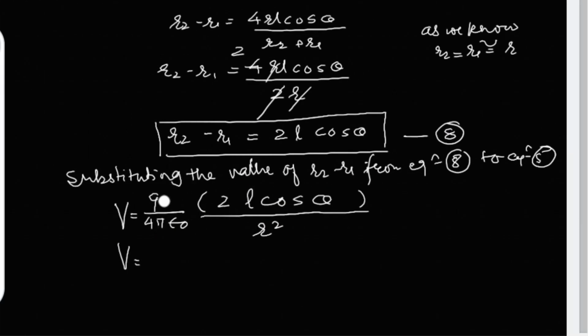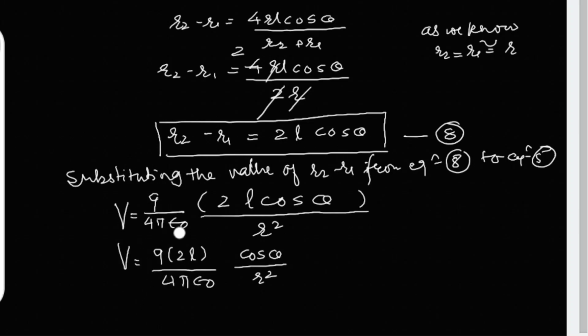Now see here, collecting this together, it will be q into 2l divided by 4 pi epsilon 0, and the remaining thing is cos theta upon r square.